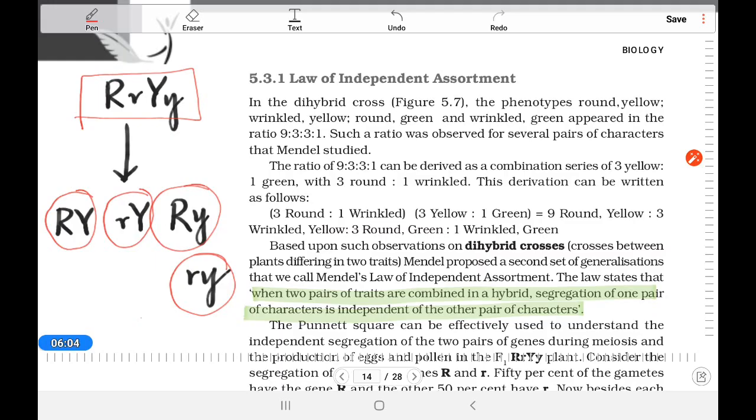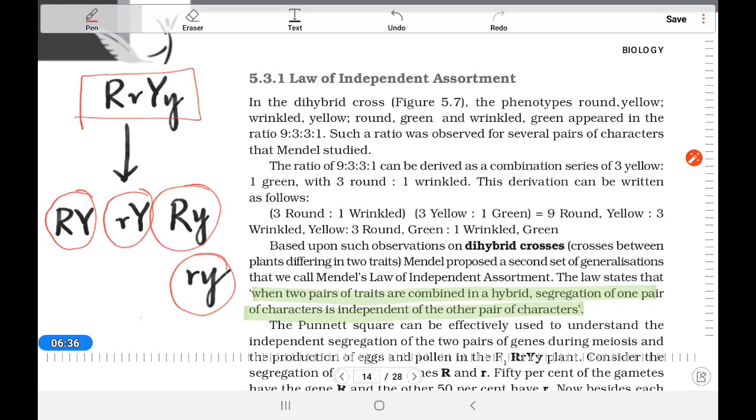Now next, the law of independent assortment. In Mendel's law of independent assortment, it is told that the factors, here the alleles, of different characters located in different pairs of homologous chromosomes are independent of one another during gamete formation and get randomly rearranged in their offspring with all possible combinations.